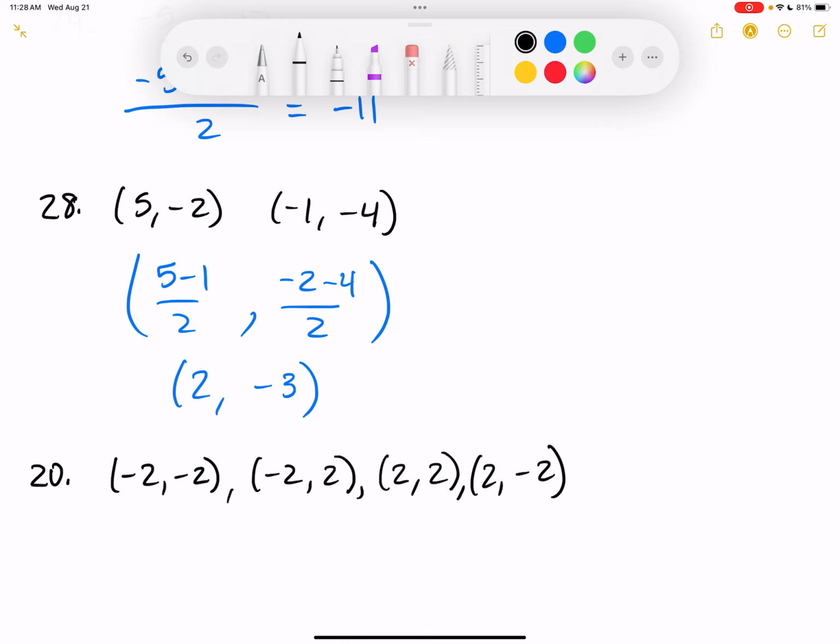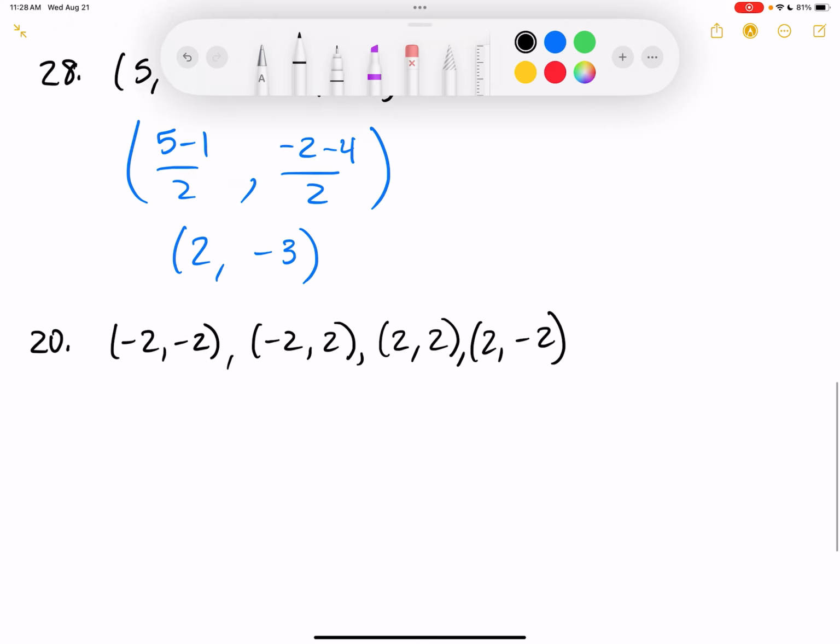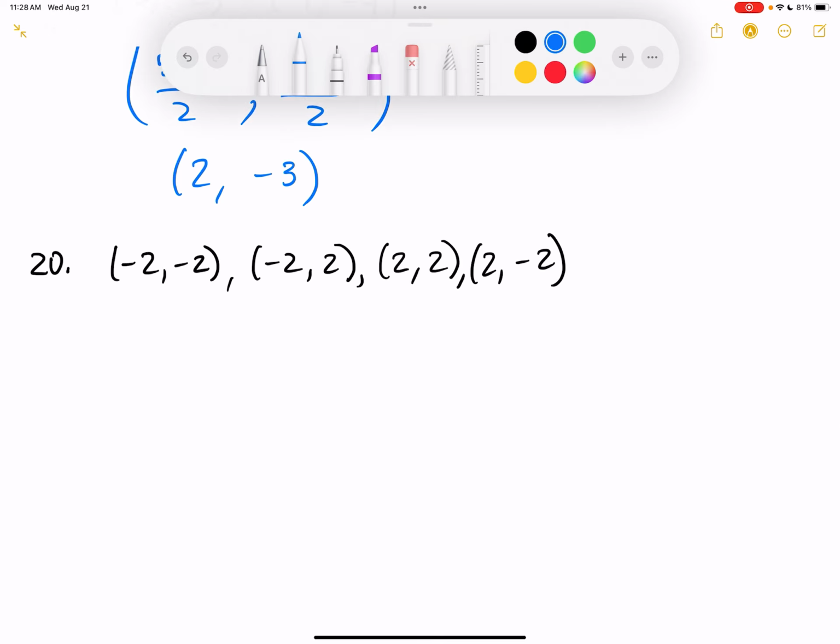Now, I don't require you to graph them, but it is very wise to graph them. So that's what I'm going to do first, is set up a little coordinate plane here and graph them. I'm going to call these points in order A, B, C, D.